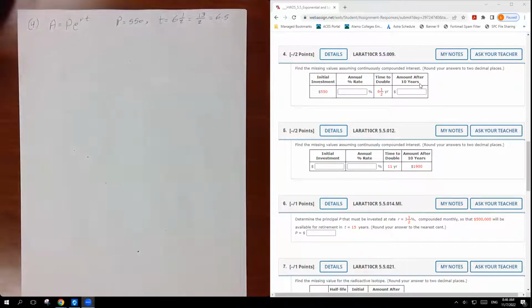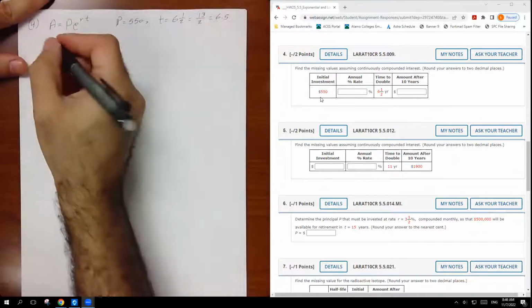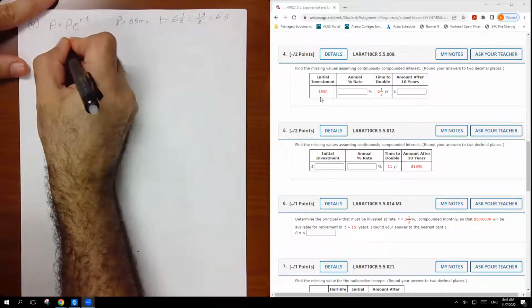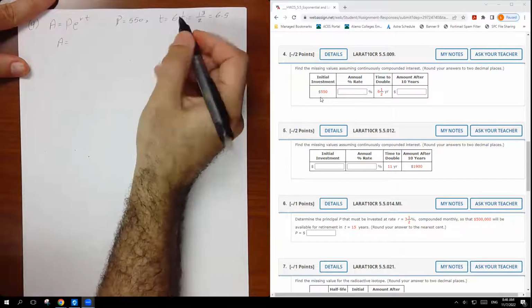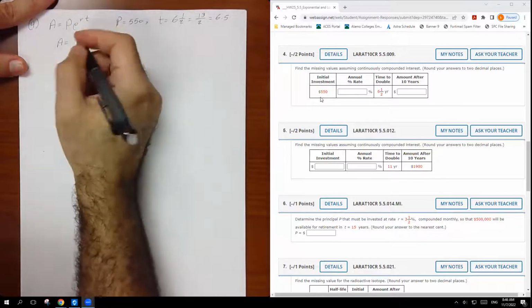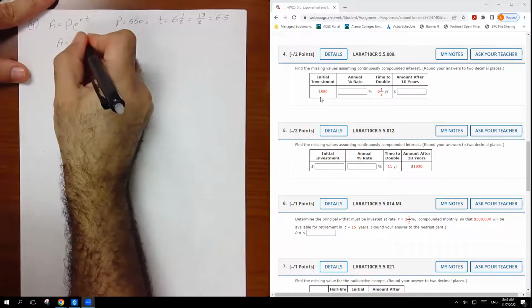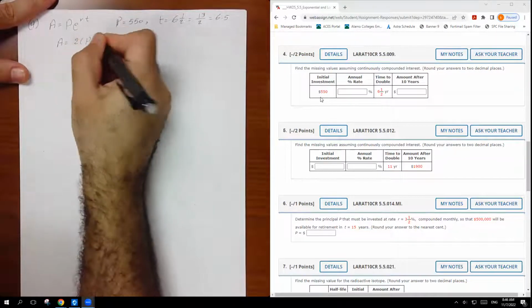We need to find the amount after 10 years, and we need to find the annual rate of interest. Time to double is the time to double the initial. To double the initial means your future amount at this time, the time to double, is 2 times the initial investment.